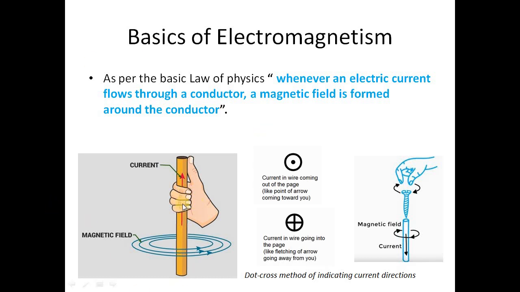In this case, the current is flowing upward and the magnetic field will be revolving in the counterclockwise direction. If the current flows downwards, then the magnetic field will revolve in the clockwise direction. This can be easily remembered by this right hand grip rule.